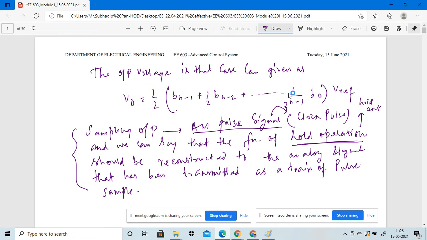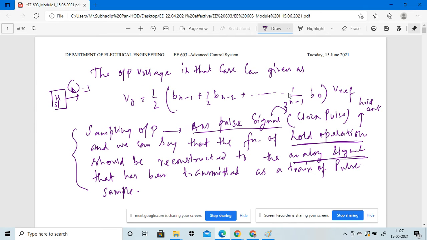Whatever the function inside the hold operation, it should be reconstructed in such a way that the output of the whole circuit is my analog output. Whatever signal we get from the sample and hold circuit should be the analog signal, so that signal should be reconstructed, and it has to be transmitted as a train of pulse.